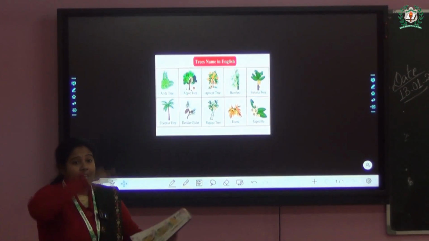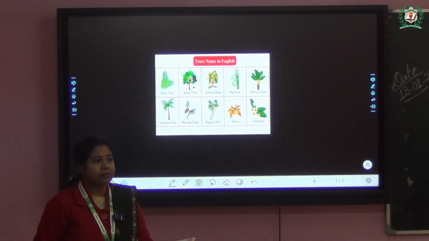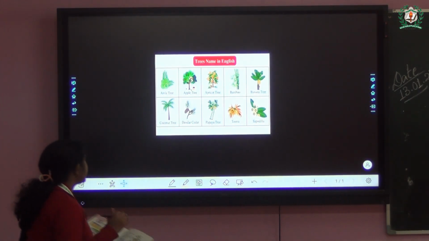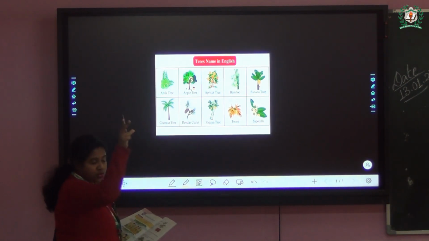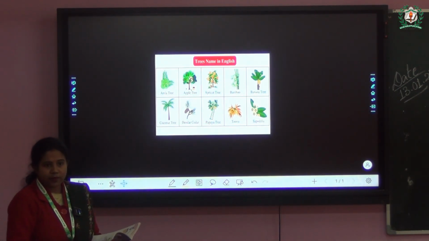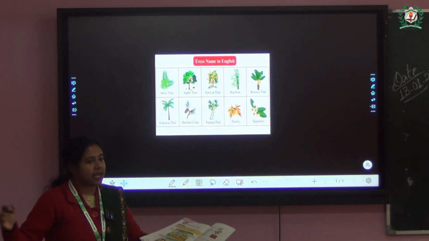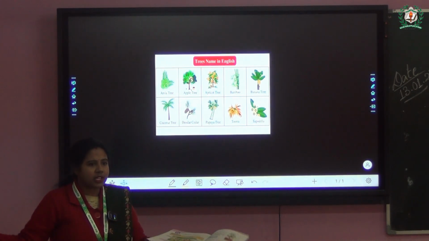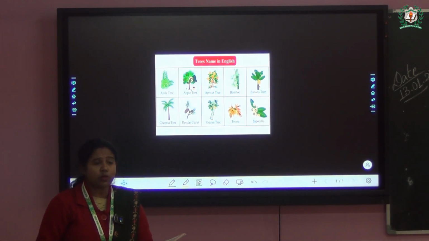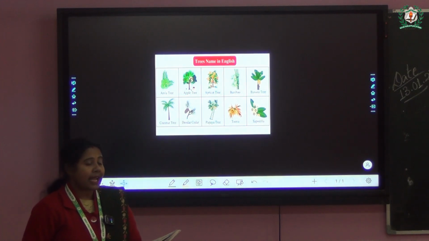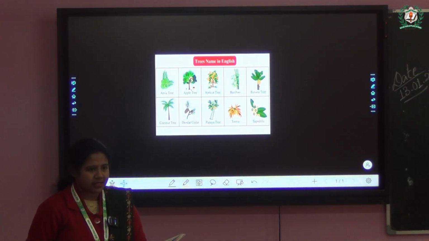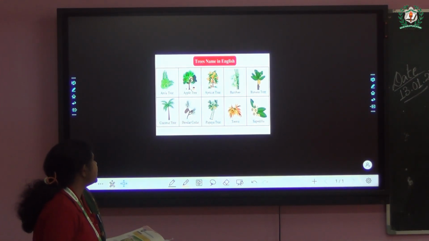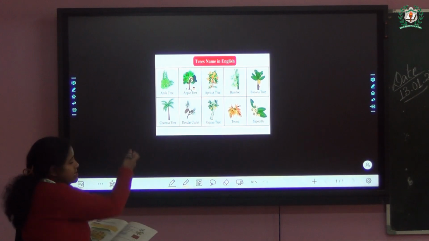Trees are very big and their stems are so strong. Not only that, children, they have a strong, big trunk also. They are very large in size. And one more thing, trees can live for so many years. They have a long age also. Those plants are known as trees.